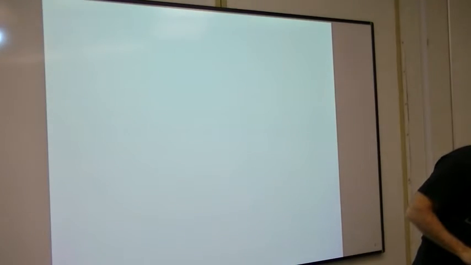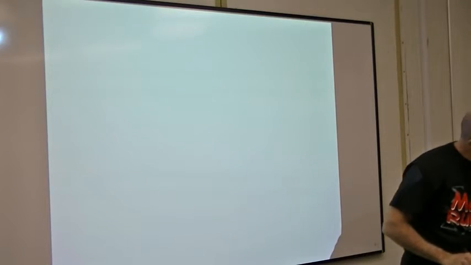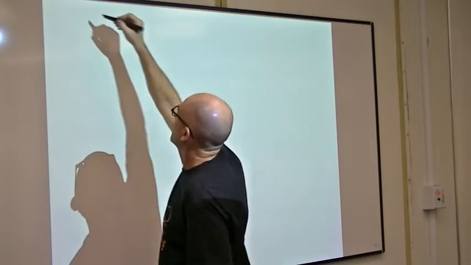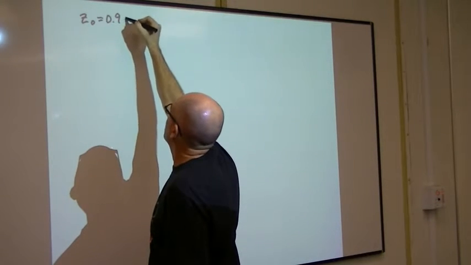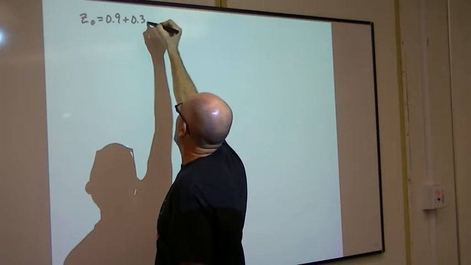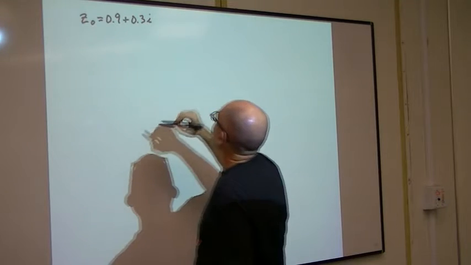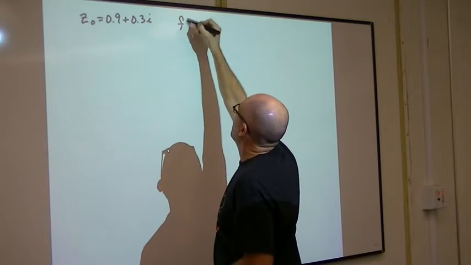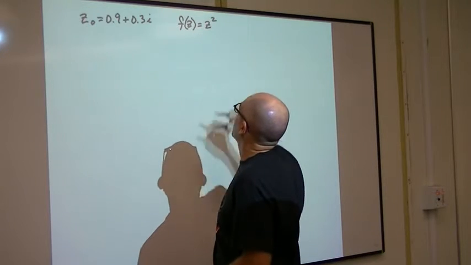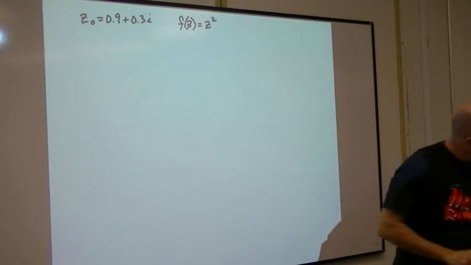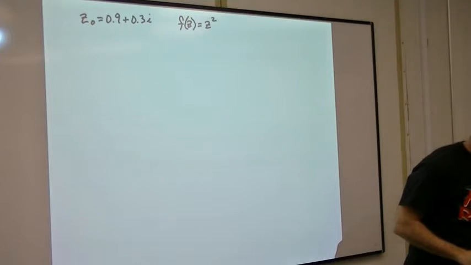So if I know that z sub 0 equals 0.9 plus 0.3i, and we're also given that f of z equals z squared.